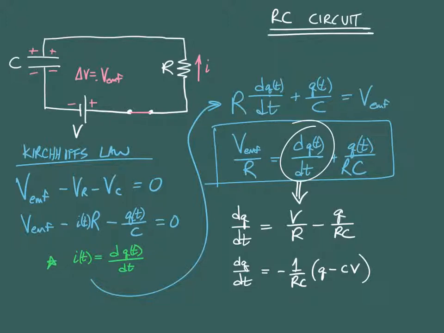And then we're in business for getting a solution to a differential equation. So dQ over Q minus CV will equal minus dt per RC. All right? That is something that can be integrated. But I'm out of room on this screen. So I'm going to get a new screen.